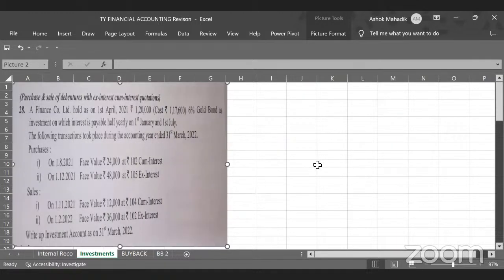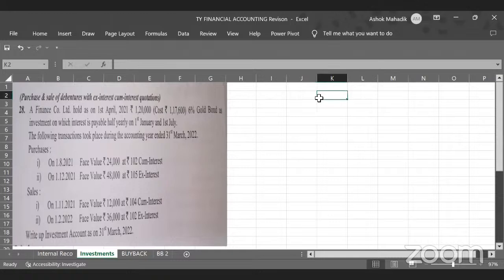A finance company limited holds as on 1st April 2021 rupees 1,20,000 face value, cost rupees 117,600, 6% gold bonds as investment on which interest is payable half yearly on 1st January and 1st July. So it is in the books of finance company.